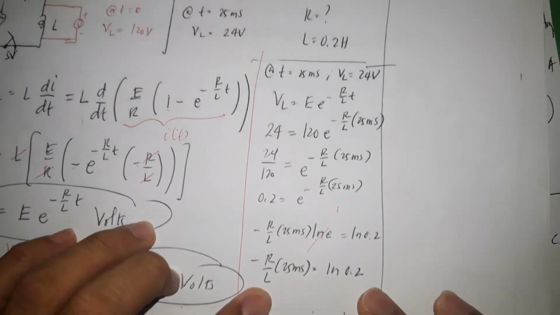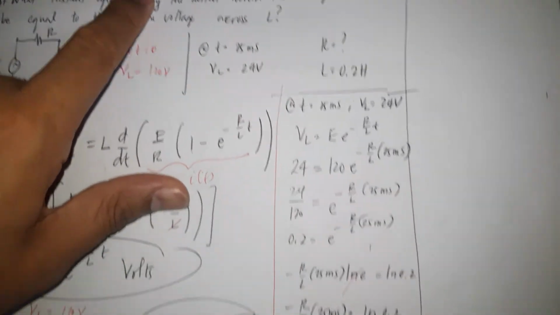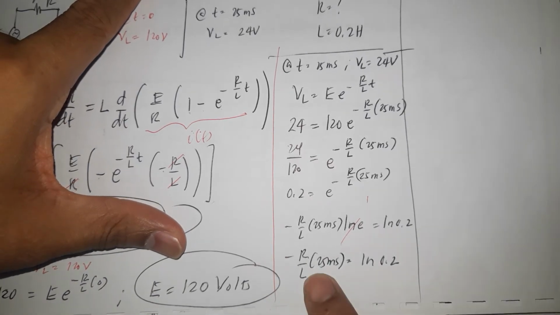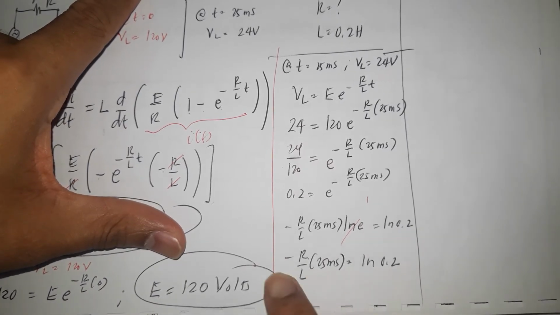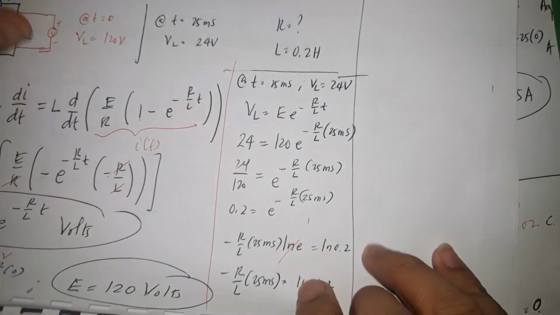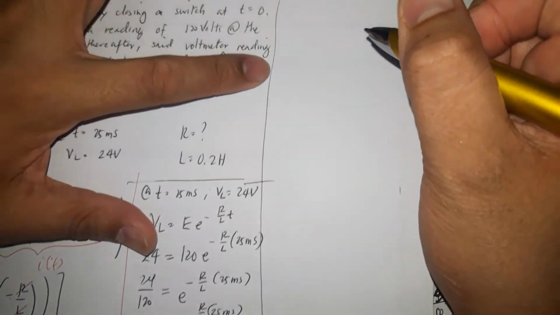Since we are looking for the value of R, for L is 0.2, I just need to transpose, cross multiply, divide by 25 millisecond and divide by a negative number to solve for the value of R. So let me just rewrite it.